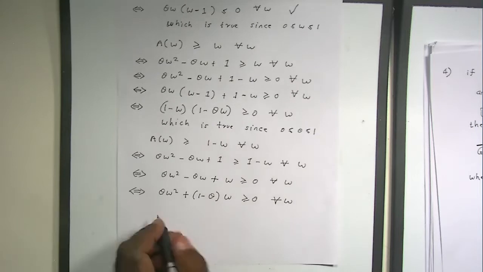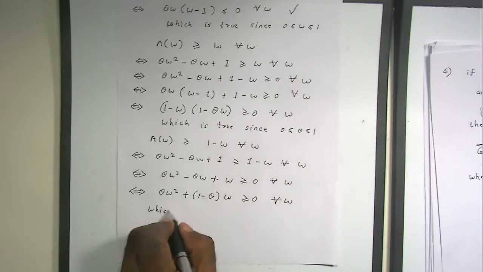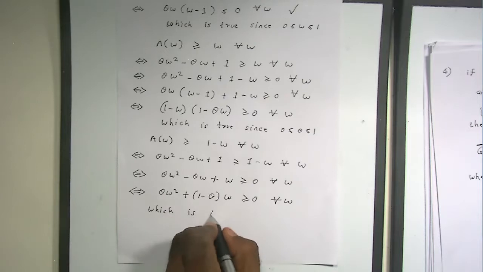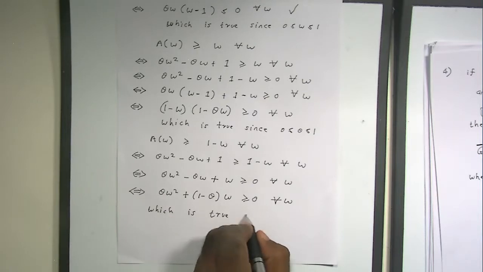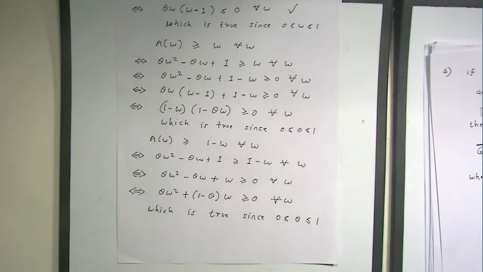And finally, alright, this statement is true because theta is a number between 0 and 1, so this has to be non-negative, and this is always non-negative because theta is greater than or equal to 0, right?